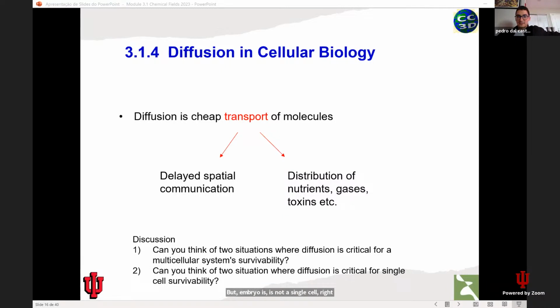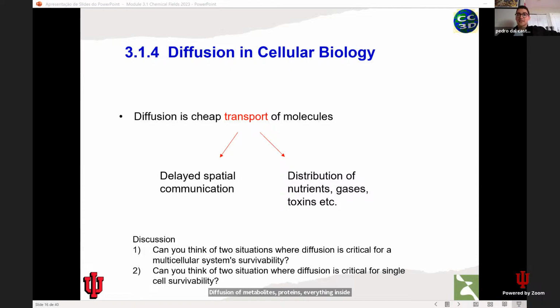RNA synthesis, yes, there is diffusion happening. Passive diffusion through the cell membrane, perfect. Sharon gave an extremely good example. Diffusion of metabolites, proteins, everything inside the cell, good.